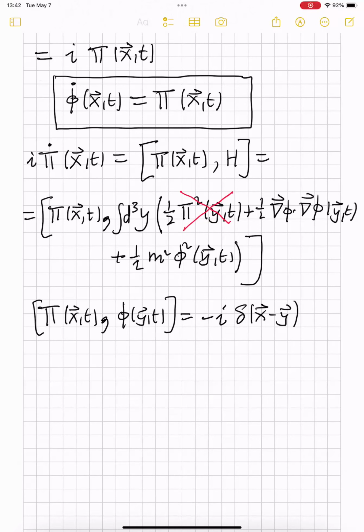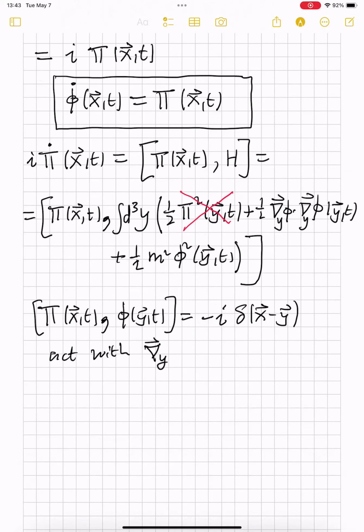But we also need the commutator of the gradient of phi. And let me be very explicit. These are derivatives with respect to y, of course, because phi is evaluated at y. We need commutators of the gradient of phi with pi. And to get that commutator, you just take the commutator that you've got and you act with nabla acting at y.